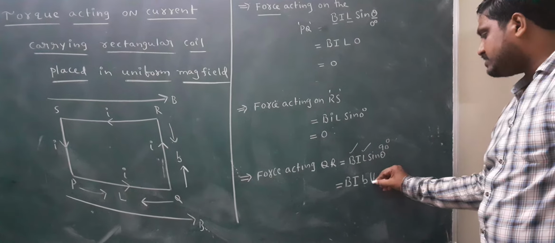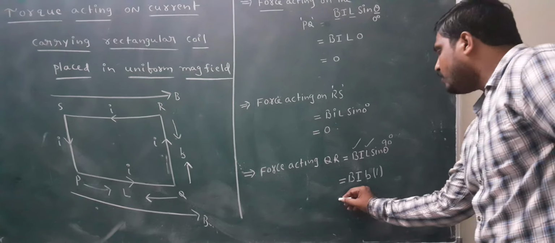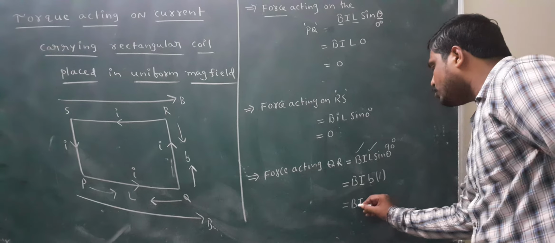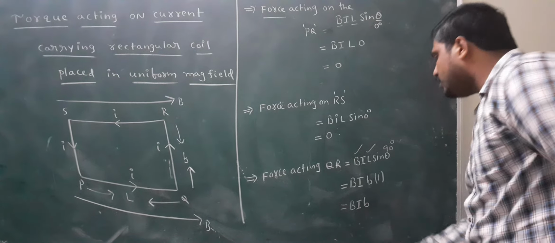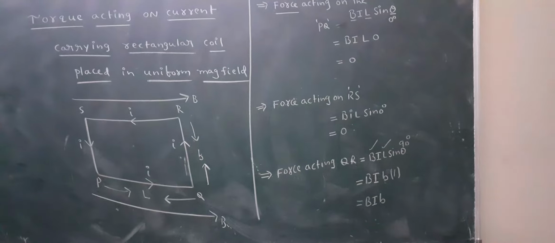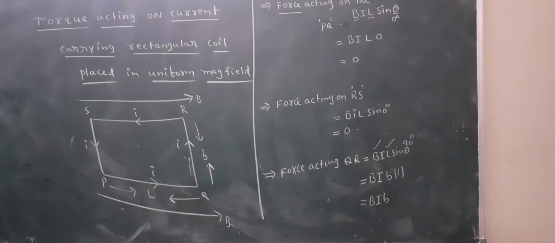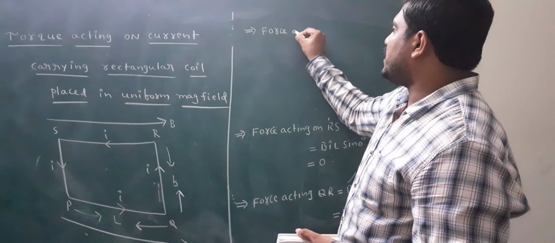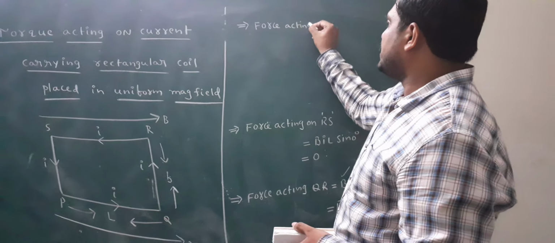So sin 90 is 1. Finally we get the force on QR as B I B. Very important for exam purposes.